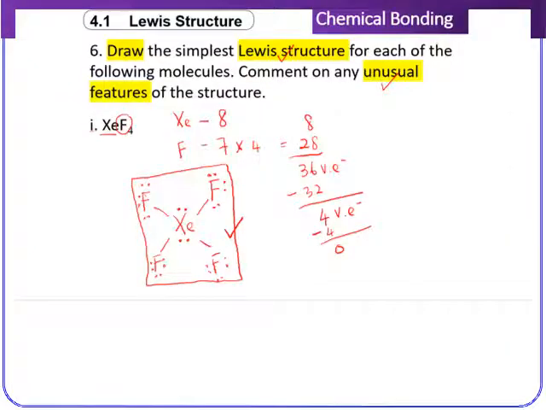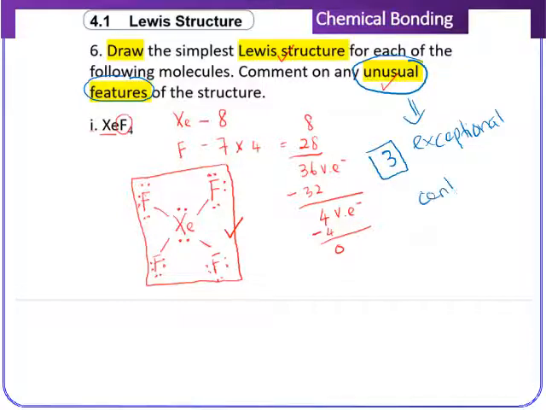Now we continue with the second part of the question, unusual features. We know it refers to the exceptions, and we have 3 types of exception. We focus on the central atom.